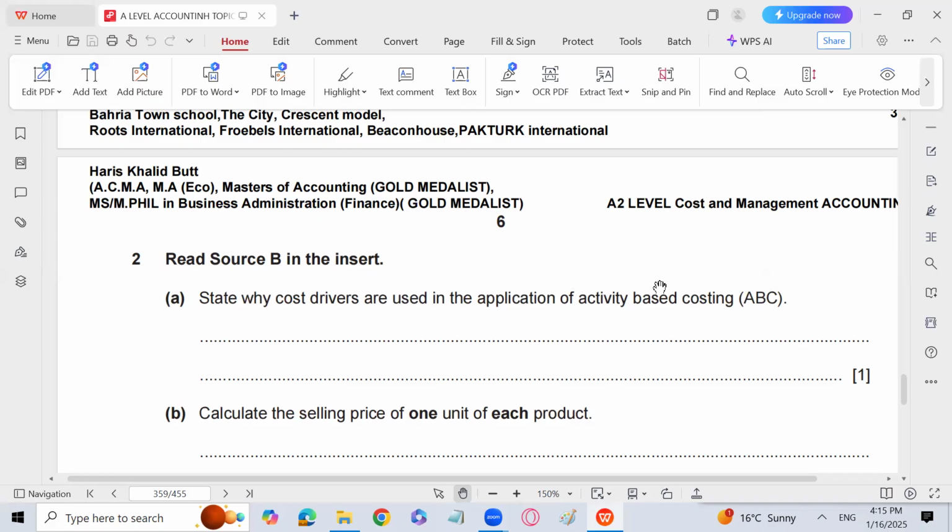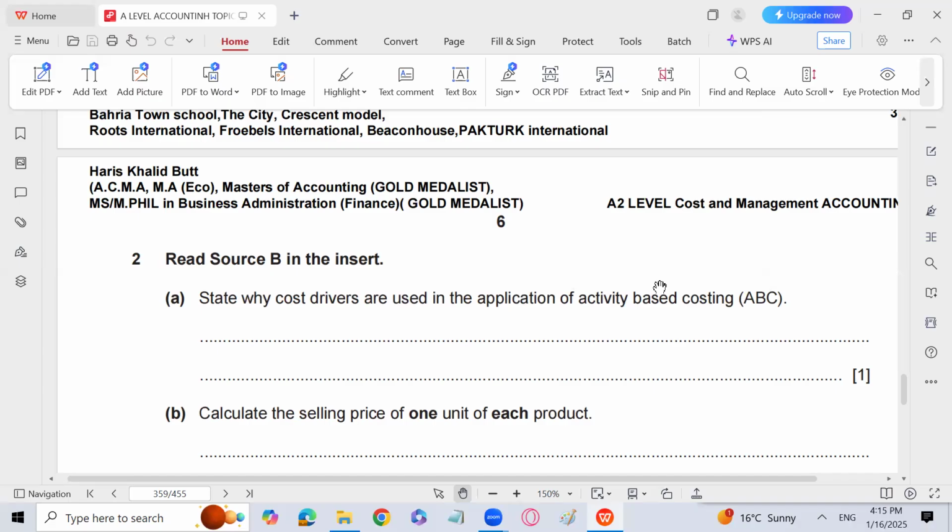Total overhead cost will remain the same. It means that total overheads will not change. Either you are using absorption costing or ABC costing, total overhead will not change. Only the division of overheads between the products will change, and that is according to cost drivers, because it gives you more accurate cost.